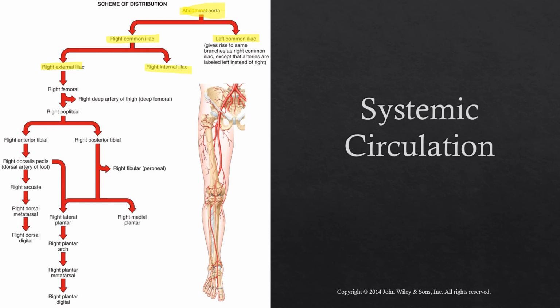And then in the sequence, the external iliacs become the femoral arteries in the thighs, then the popliteal arteries, which are just posterior to the knee, and then the anterior and posterior tibial arteries in the leg. Now this is just showing the right common iliac branching off, but the left common iliac over here is going to be the same.